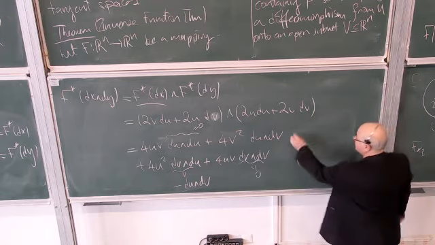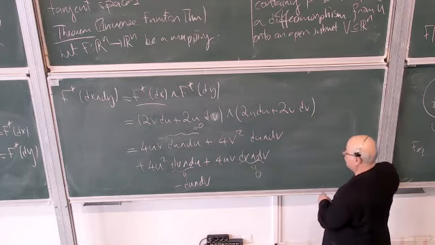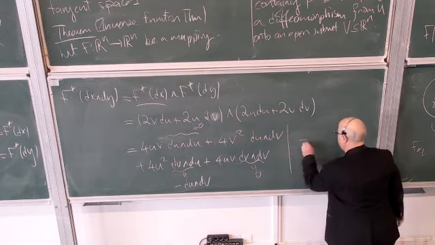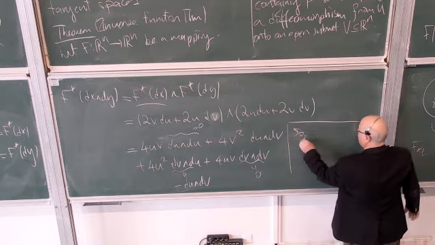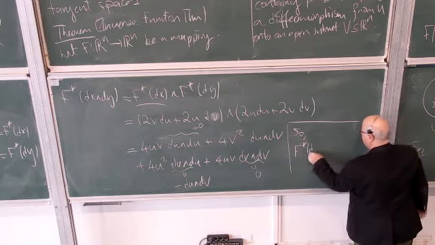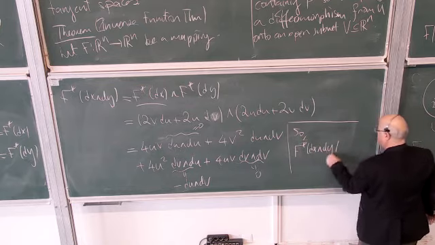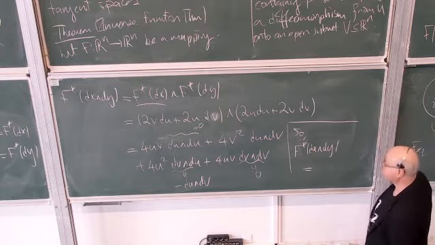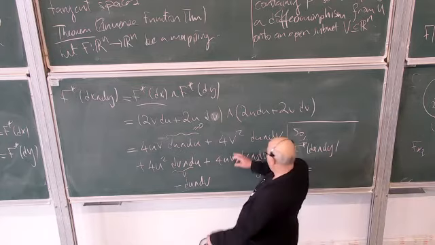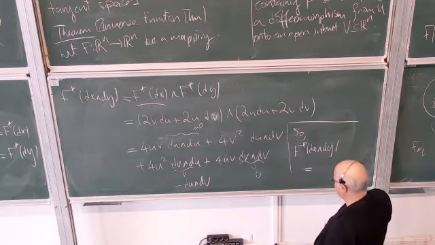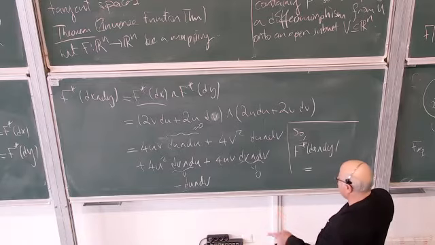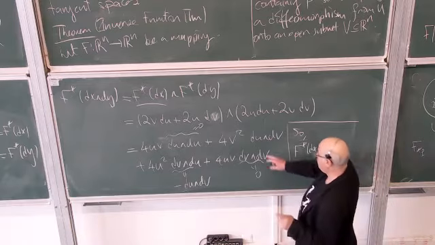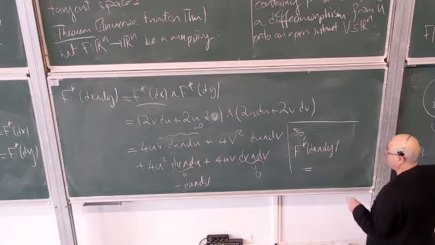So the whole thing is then equal to, so f star dx wedge dy is just 4v squared minus 4u squared du dv.